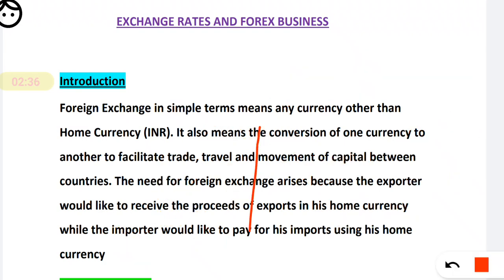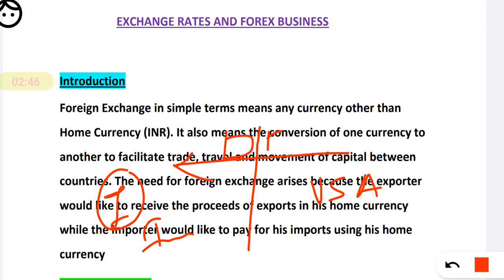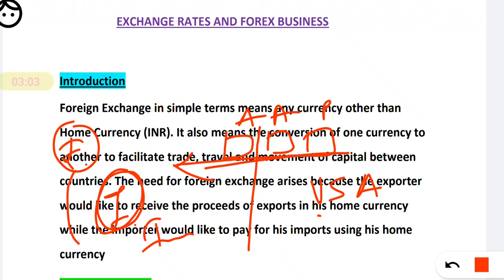Say this is the USA, and person I is now an importer in India, and person I buys something from the USA, say the Apple iPhone which we have imported. So the Indian importer will not hold the dollar, right? He will have the home currency, rupees, in his account. That's why he will prefer to send the rupees only.